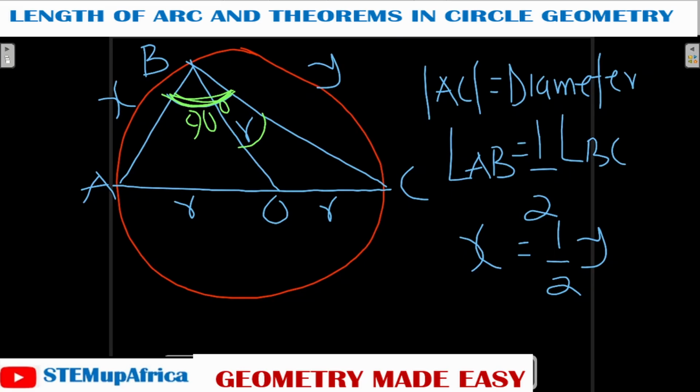Now, since we know that OB equals OC, it simply means it is what? An isosceles triangle. That means angle OBC is the same as angle OCB, meaning here is also theta.